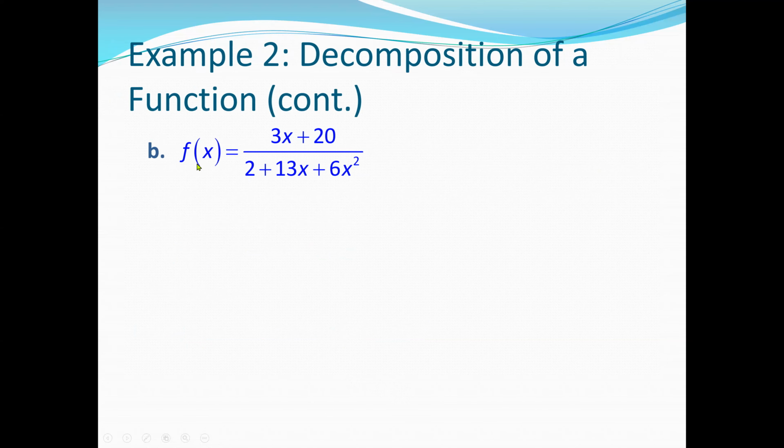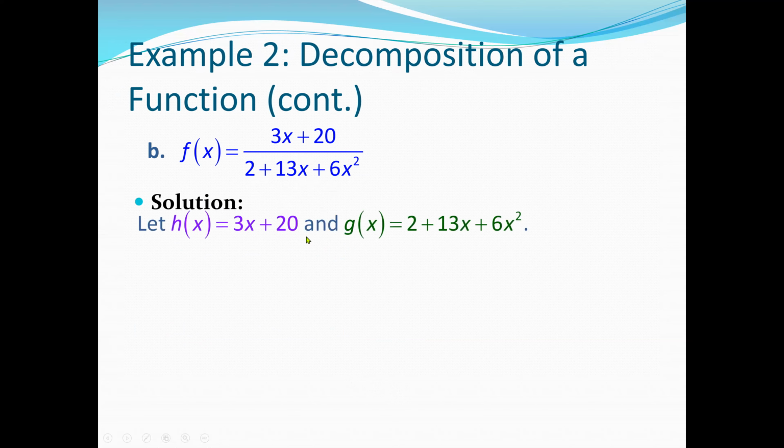B, we're going to do the same thing, decomposition of a function. This time we have a quotient, 3x plus 2 over 2 plus 13x plus 6x squared. So the solution, we can say h at x is 3x plus 2, g at x is the denominator, 2 plus 13x plus 6x squared.